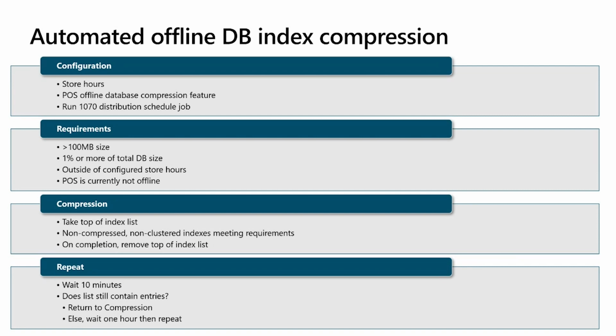And then when that index is done, we wait for a period of time, pause, and then check the list again. If there are still entries, we pick the next one and compress it. If the list is empty, it pauses for longer and waits.